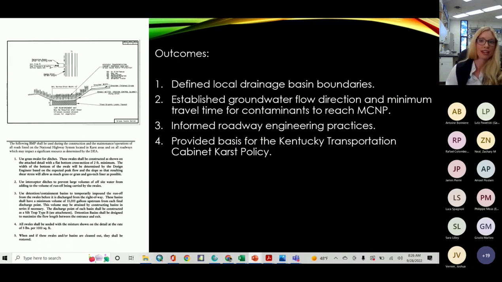It also informed roadway engineering practices and was eventually adopted by the Kentucky Transportation Cabinet as the Karst policy, which applies to all roadways and karst areas across the state of Kentucky. So this has been pretty impactful. And over here on the right, you can see some of those engineering practices having to do with retention basins and plantings to absorb water, as well as swales below to help slow the infiltration of that water.